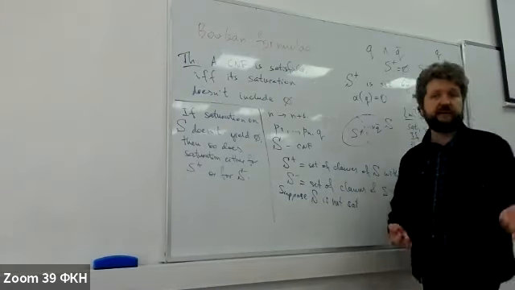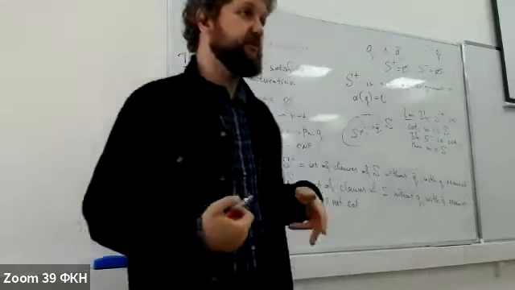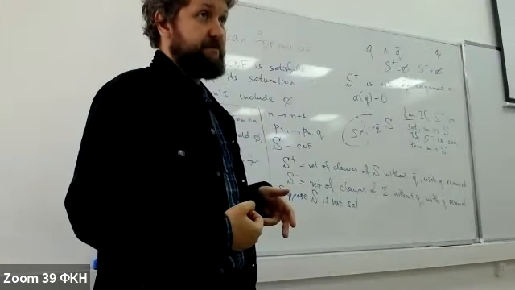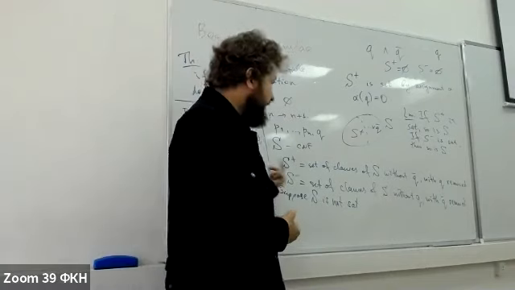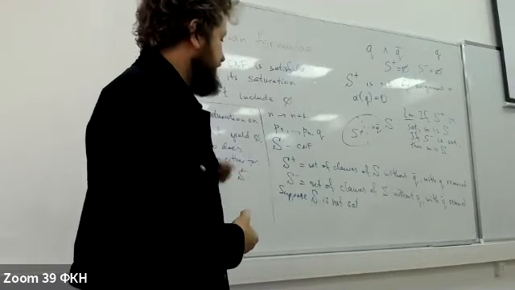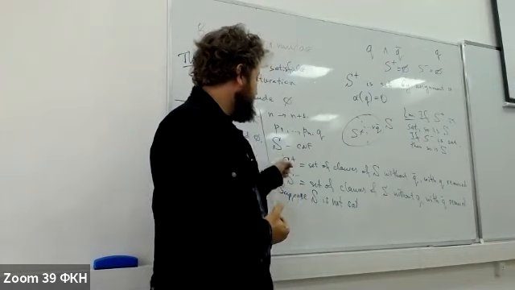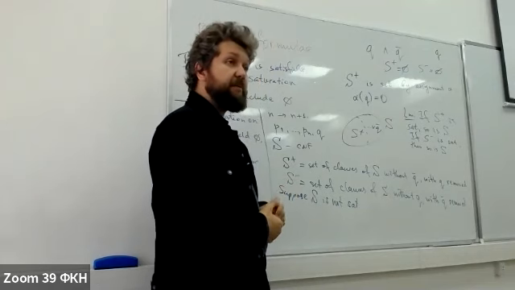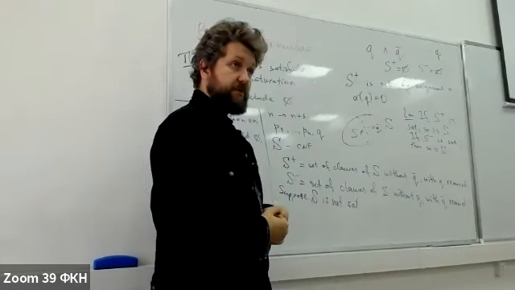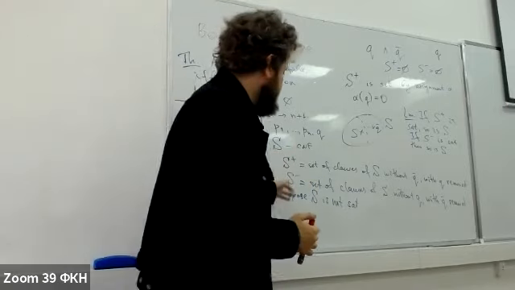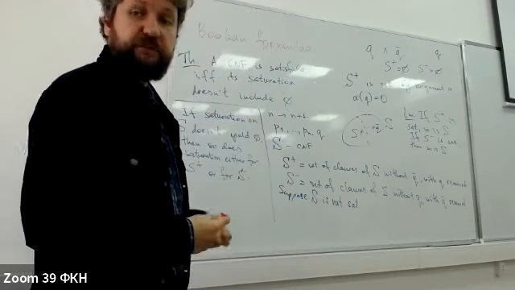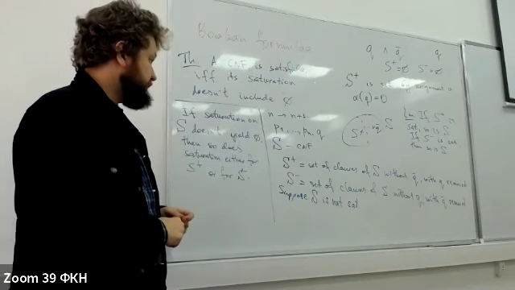So either we satisfy it with Q equals 1, or we satisfy it with Q equals 0. This is actually the criterion that S is satisfiable if and only if one of these is satisfiable, maybe both. So when we try to satisfy it, we just choose Q: two possible cases for Q.